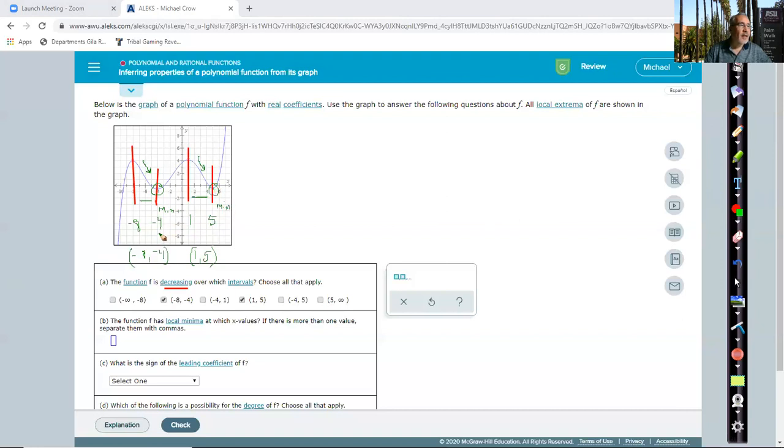What x values do they have? -4 and 5. So we want to list the x values where there are minimums. And if there's more than one, we need to separate them with a comma. So we can put -4, 5. That's all we have to list. Okay, so those are the two x values where we have a minimum.